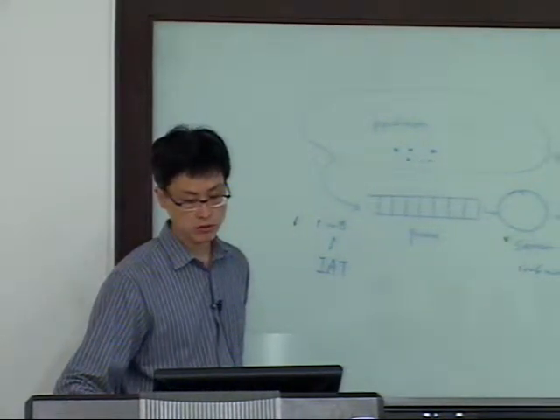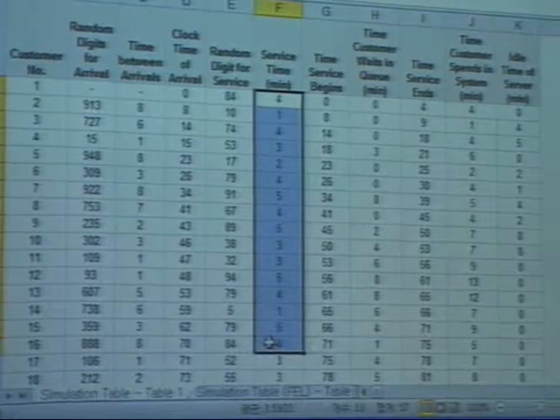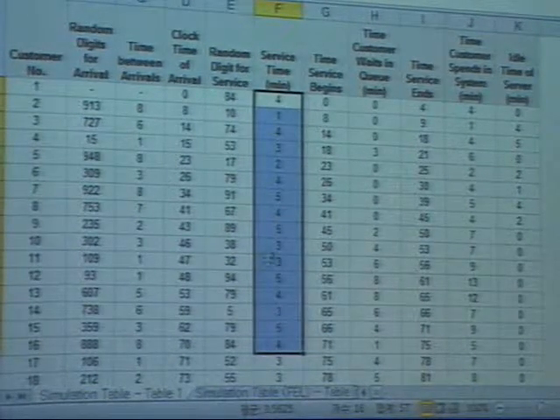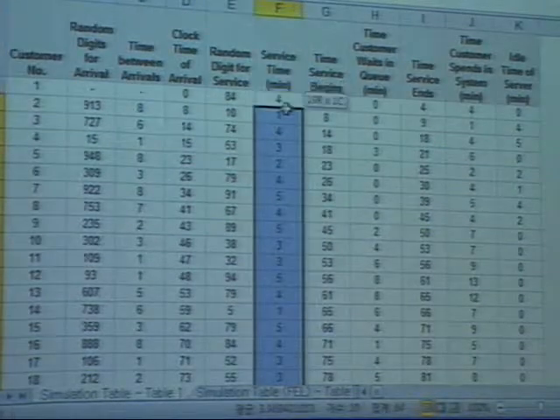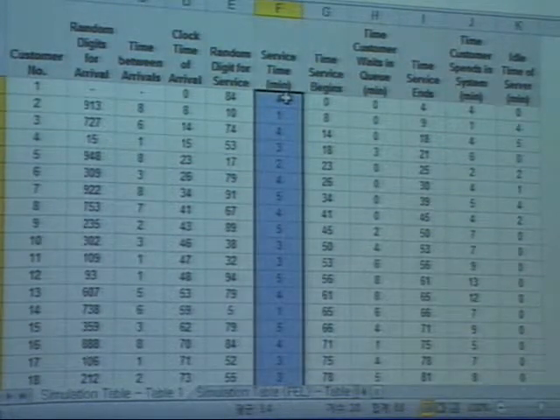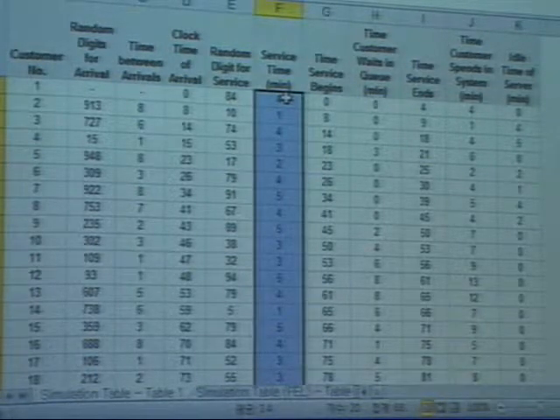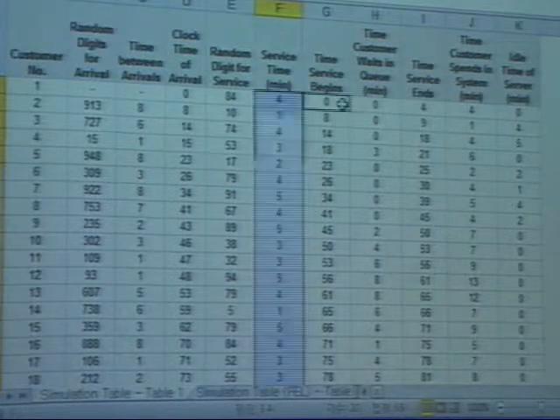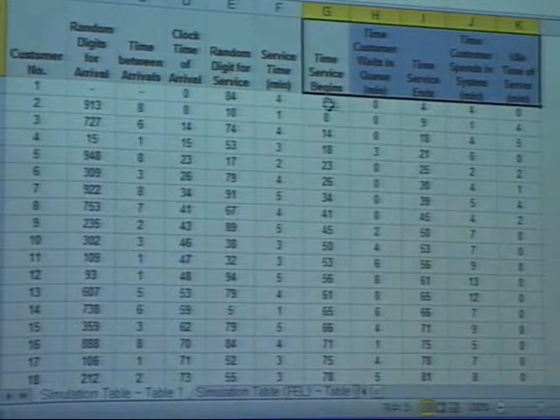So based on this random number generation, we can easily determine the service time required. It's randomly generated. However, this means the service time is randomly distributed based on our observation, right? Any question until now? Important thing is here.